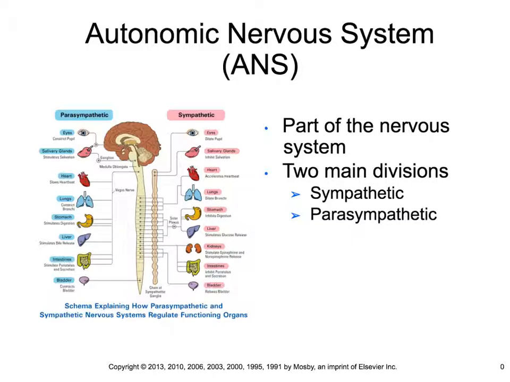After the autonomic nervous system receives information from the body and the external environment, it responds by stimulating body processes, usually by the sympathetic division, or it inhibits them, usually through the parasympathetic division. So it's either one or the other.